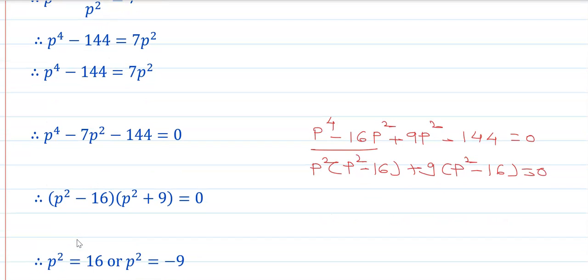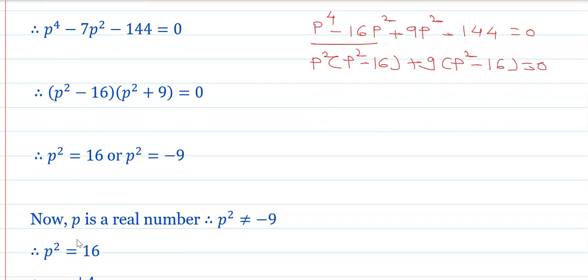Therefore (p squared minus 16)(p squared plus 9) equals 0. So p squared minus 16 equals 0, or p squared plus 9 equals 0. P squared equals 16, or p squared equals minus 9.